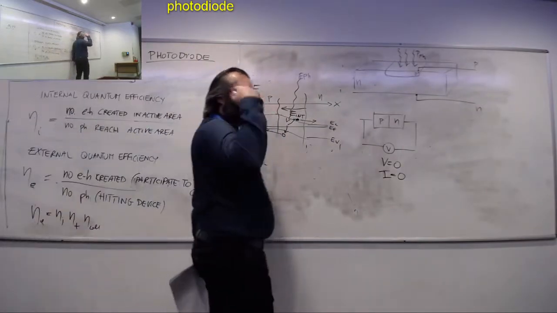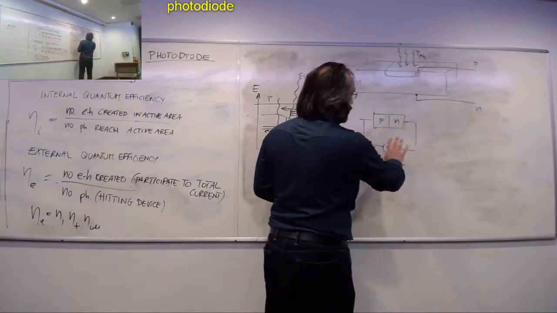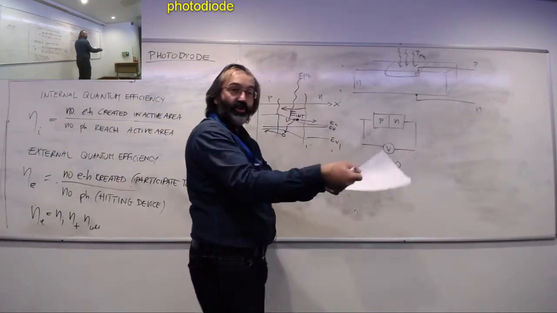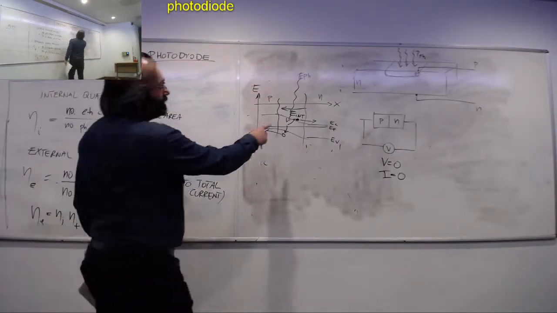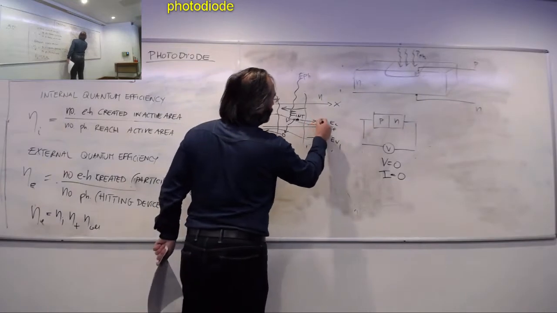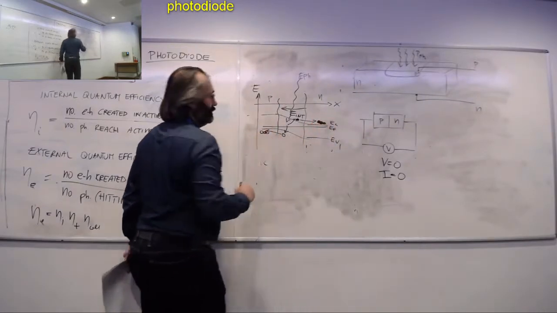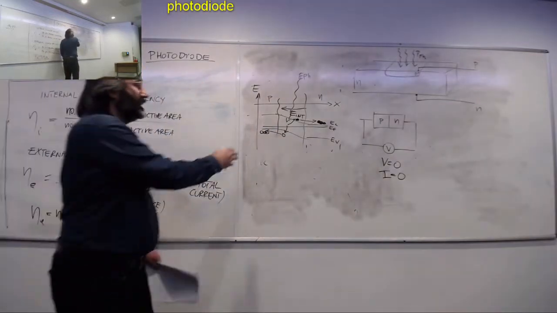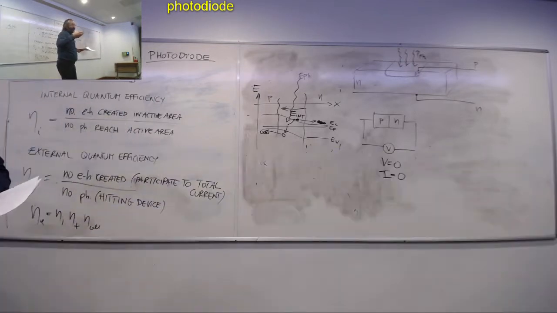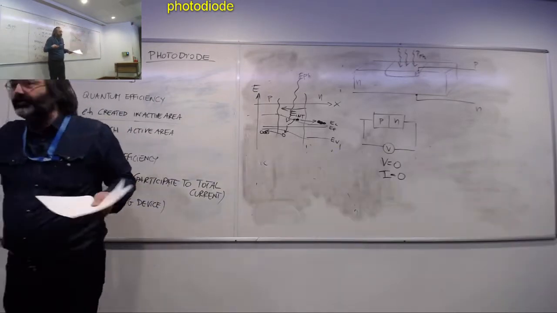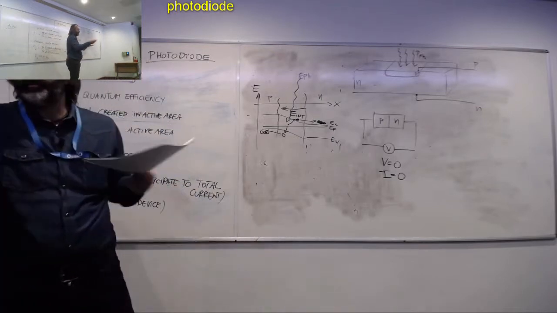Remember, in this thought exercise, I still don't have any voltage applied. I'm just trying to measure it, if you like. So this means that these charges start to accumulate here. Remember always that all the other processes that take place when we are out of equilibrium are still there. So generation and recombination are still at play.